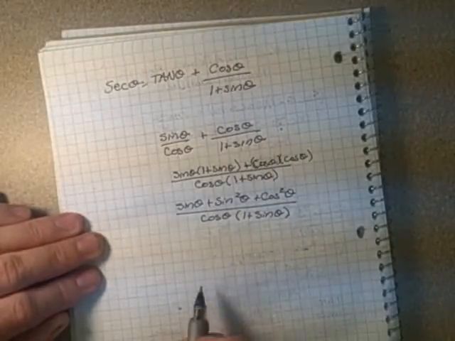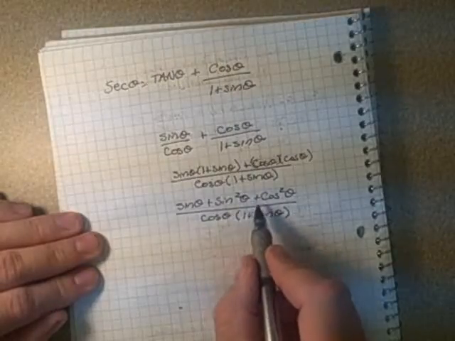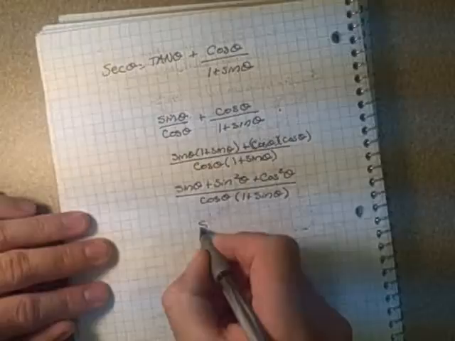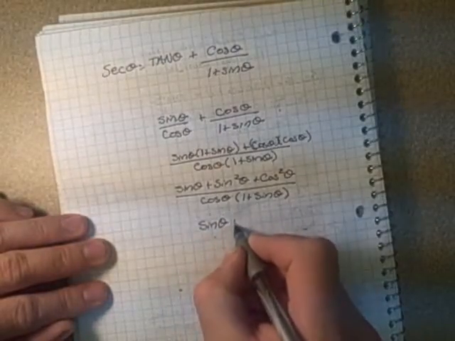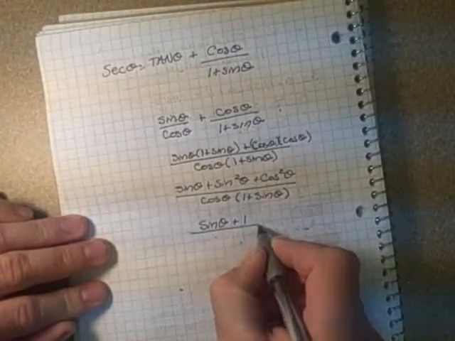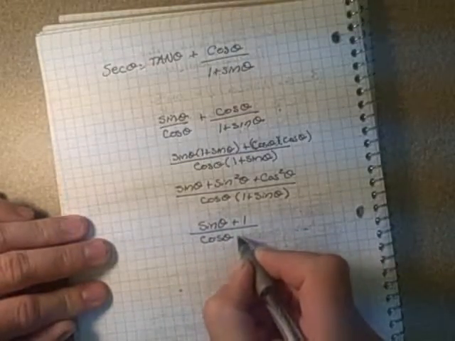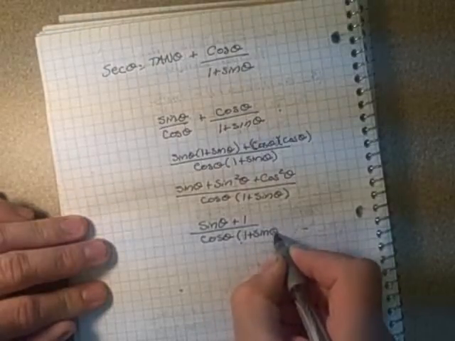Okay, we know that the Pythagorean identity tells us that sine squared theta plus cos squared theta is equal to 1. So we'll use that, and we'll get sine theta plus 1 over cos theta times 1 plus sine theta.